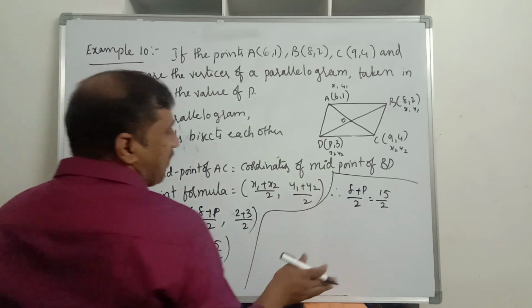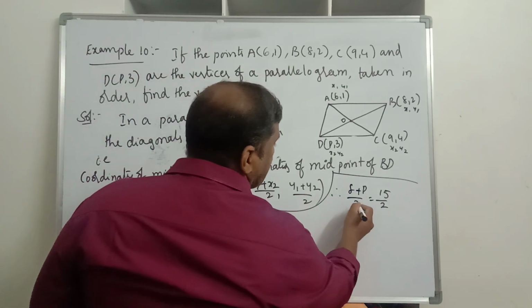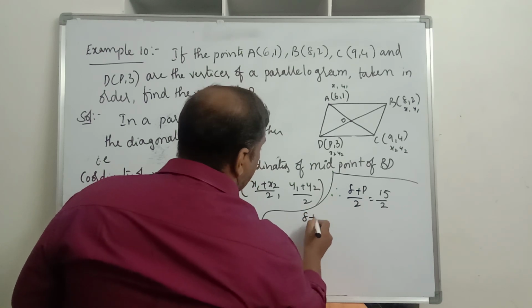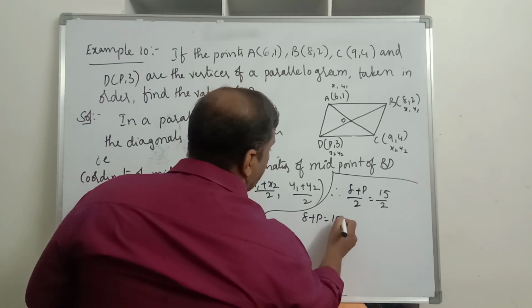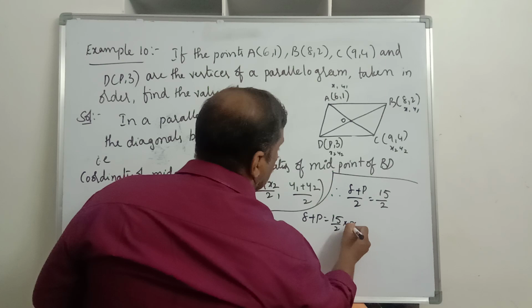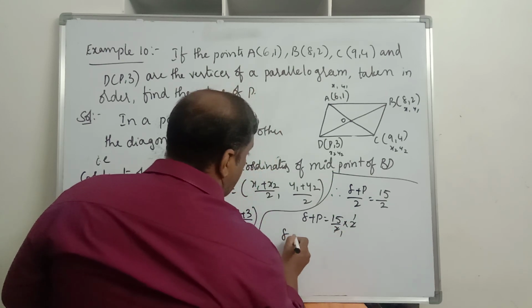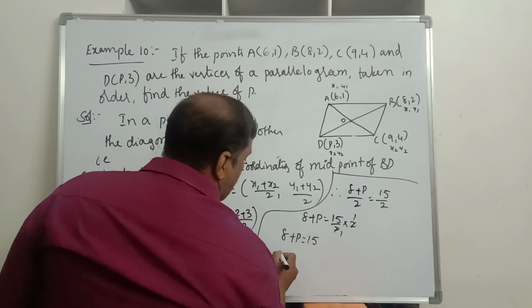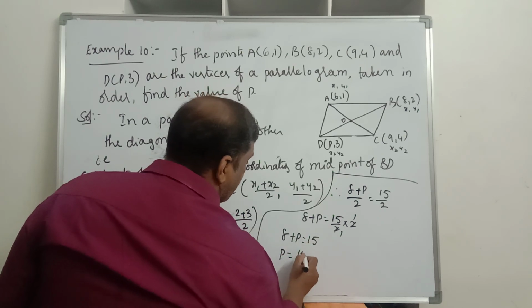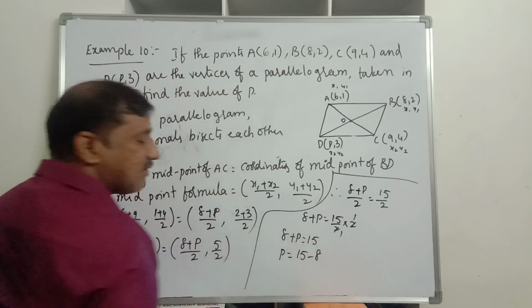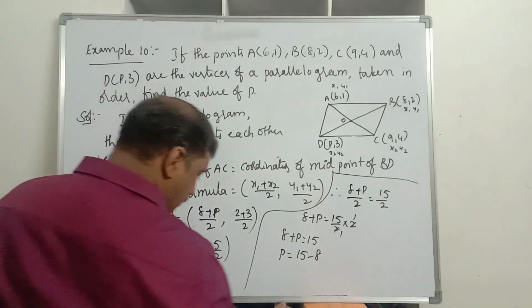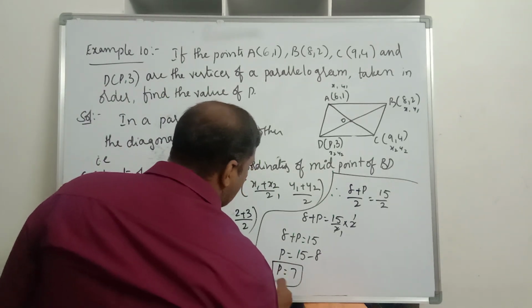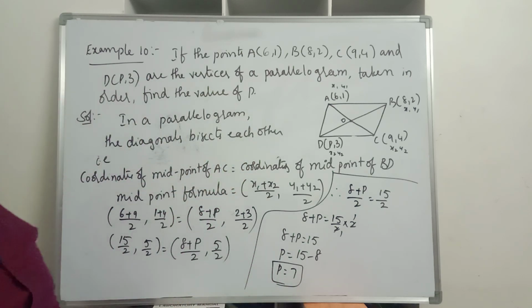By cross multiplication, 8 + p equals 15. Now p equals 15 minus 8, so we get p equals 7. Like this we find the unknown value of p.